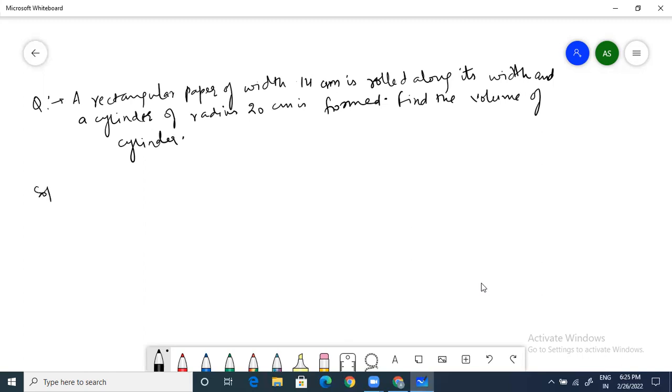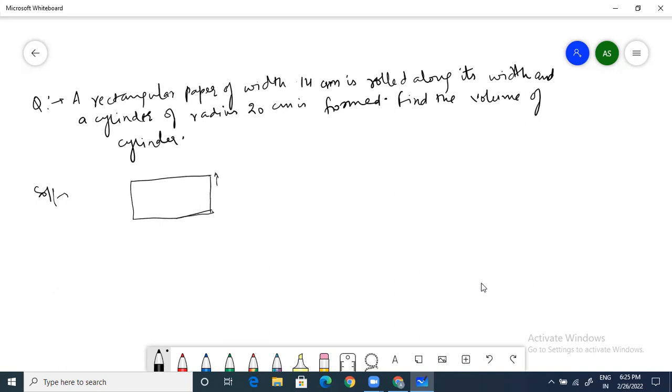So what should we do here? We just learned a few minutes back, if I roll a rectangular paper from its width or from its length also, what does it turn into? It turns into a cylinder. We just learned it, right, when we were studying the volume and surface area of the cylinder. In this case, this is a rectangular paper where the width was 14 centimeters.